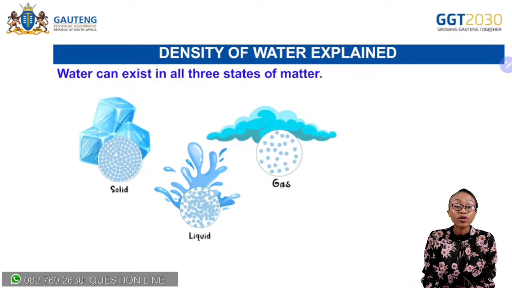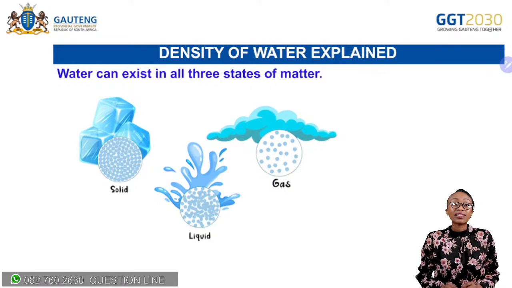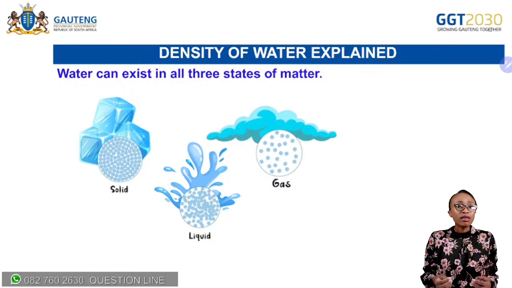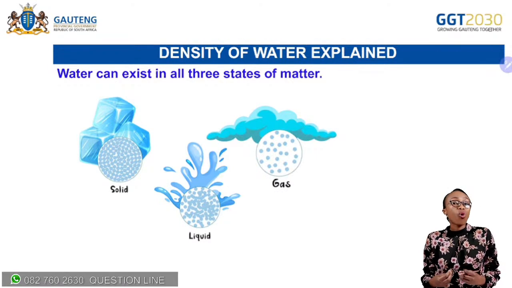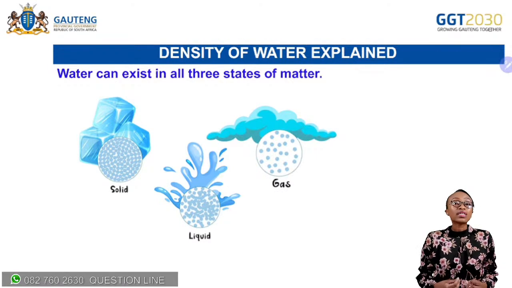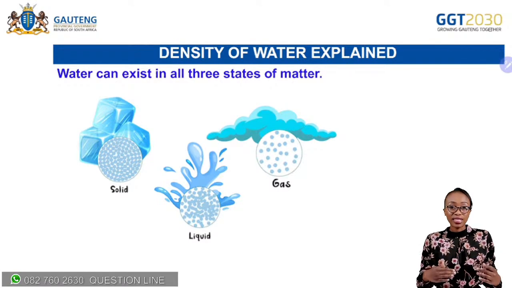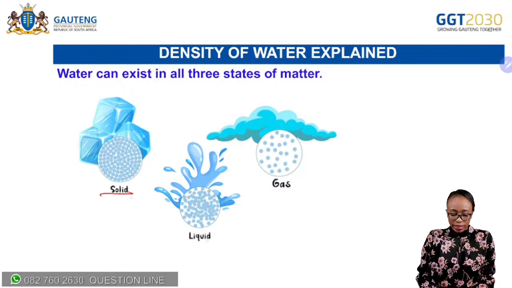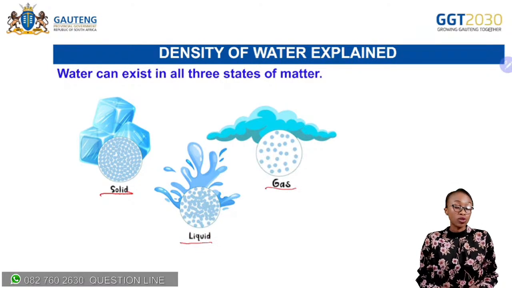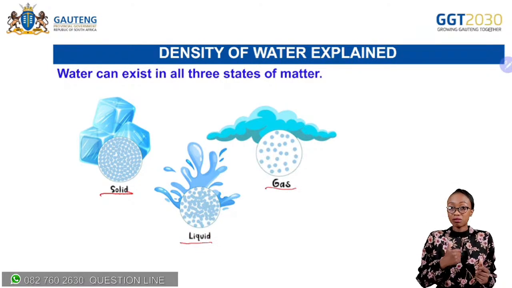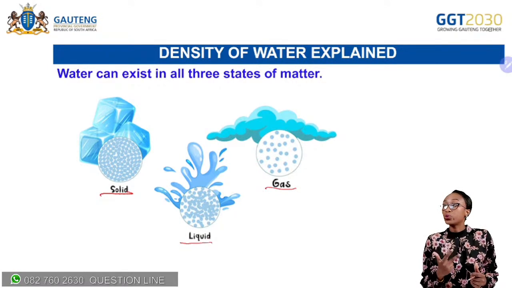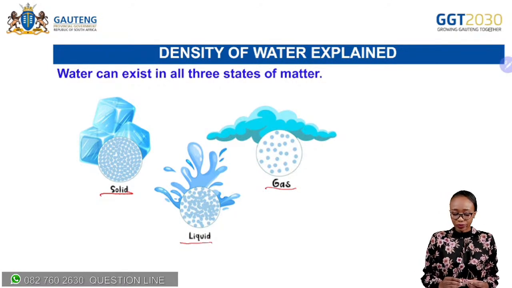And then water can also exist as a gas. So that is your steam, or you can call it your water vapor. So water can exist in all 3 states: ice, liquid water, and water vapor, or steam.